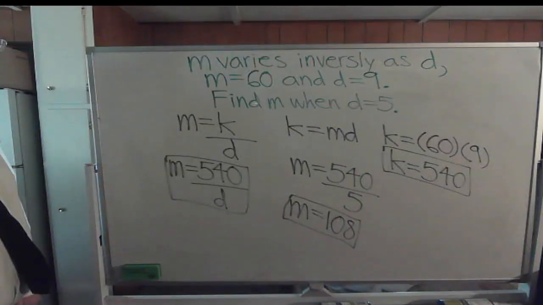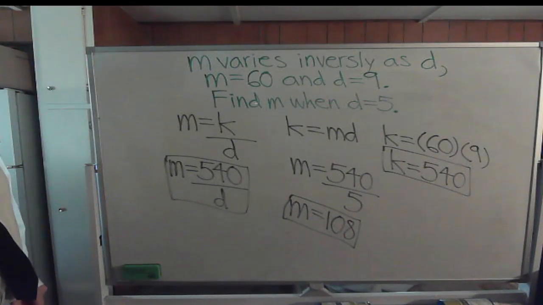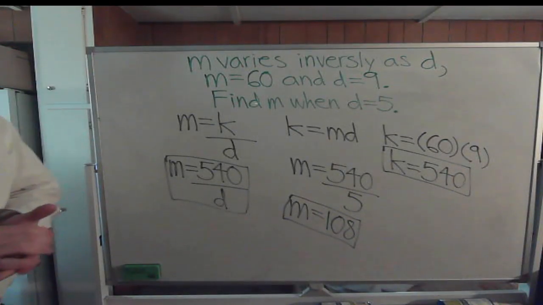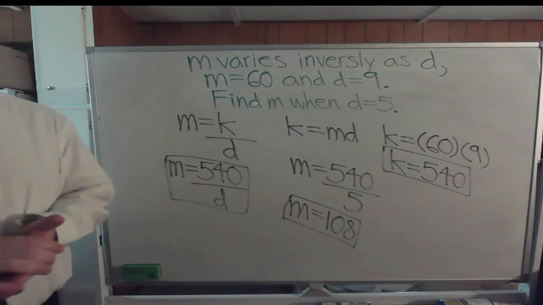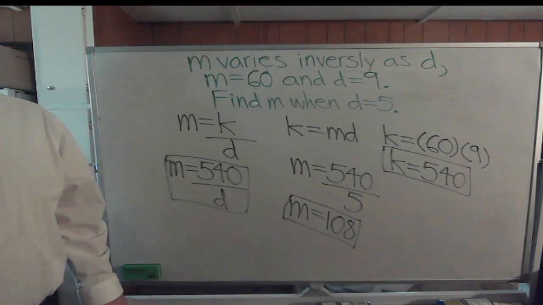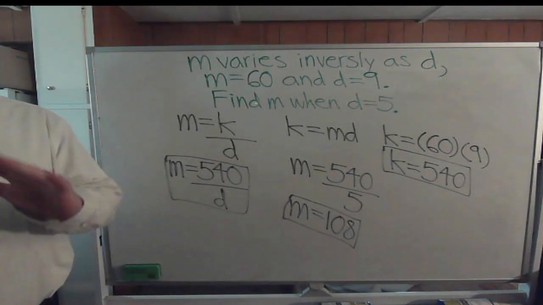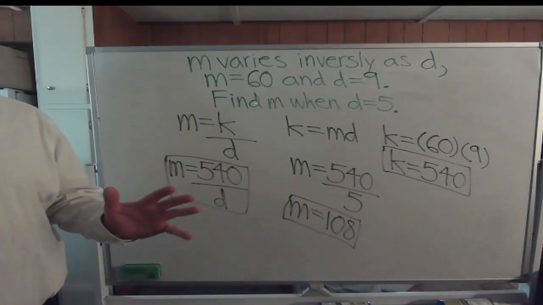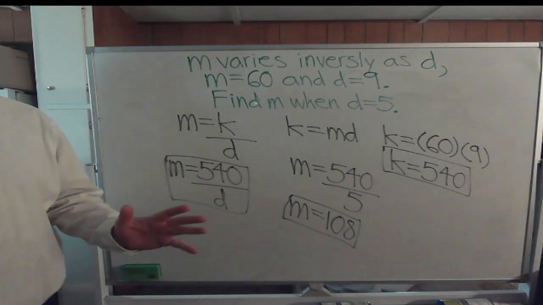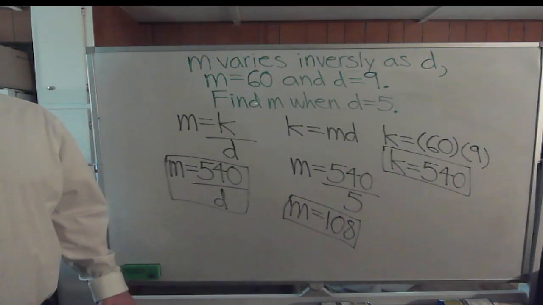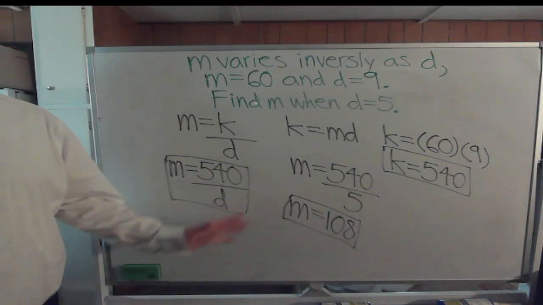So that's really it for inverse variation. In the next lesson, we're going to talk about direct and inverse variation with quadratic variables. Especially if you're dealing in any of the science, engineering, or even financial fields, it's often not going to be a nice, pretty linear equation like we've been having.